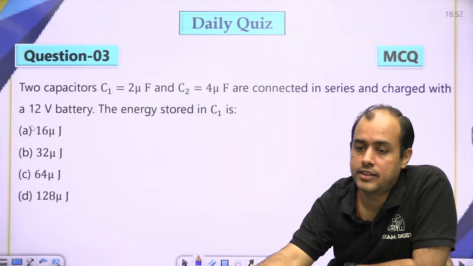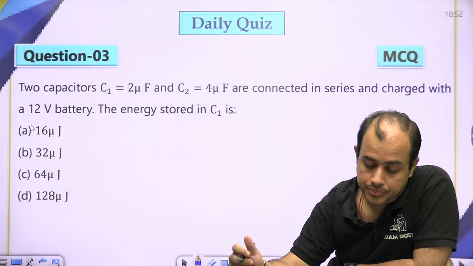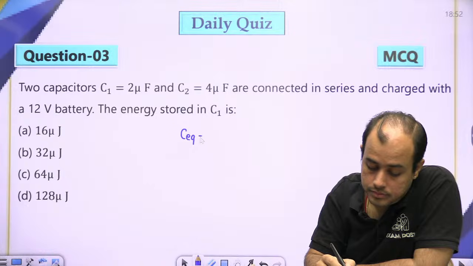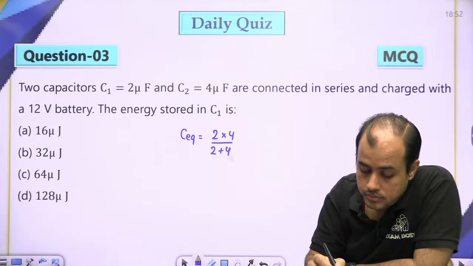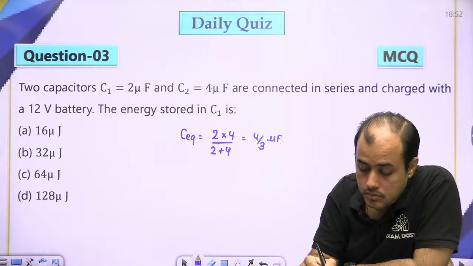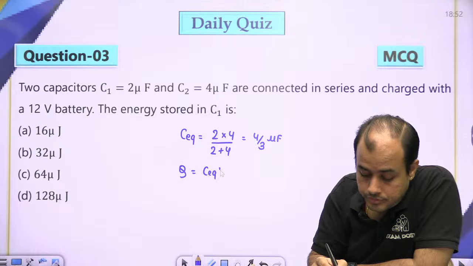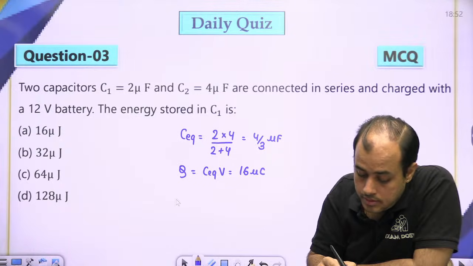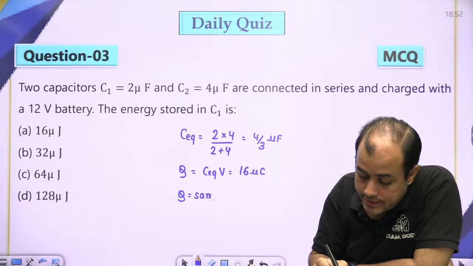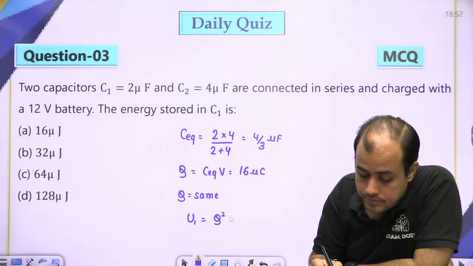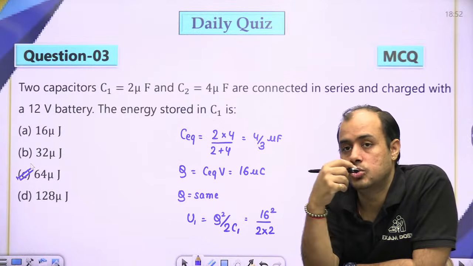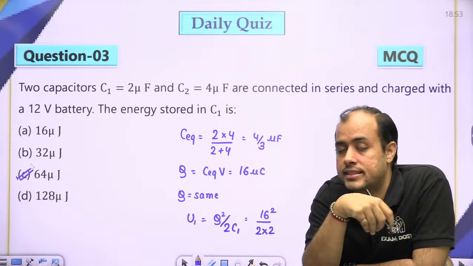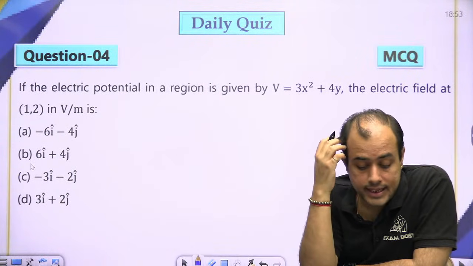What is the energy in C1? बताइए। The equivalent will be, now charge is same in series. (64 माइक्रोजूल). सीरीज में चार्ज सेम आता है तो पहले मैंने चार्ज निकाला फिर एनर्जी.